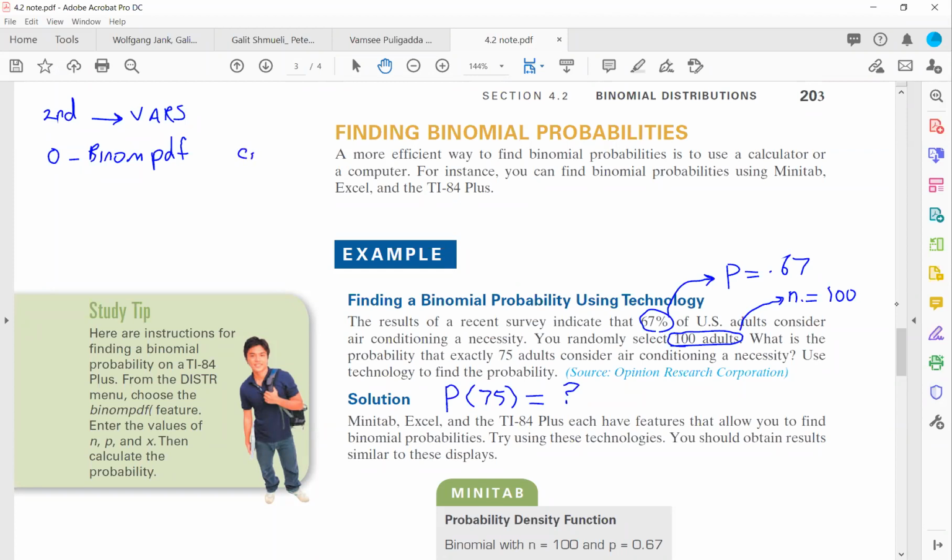Enter. Then you need to enter N, P, and X.